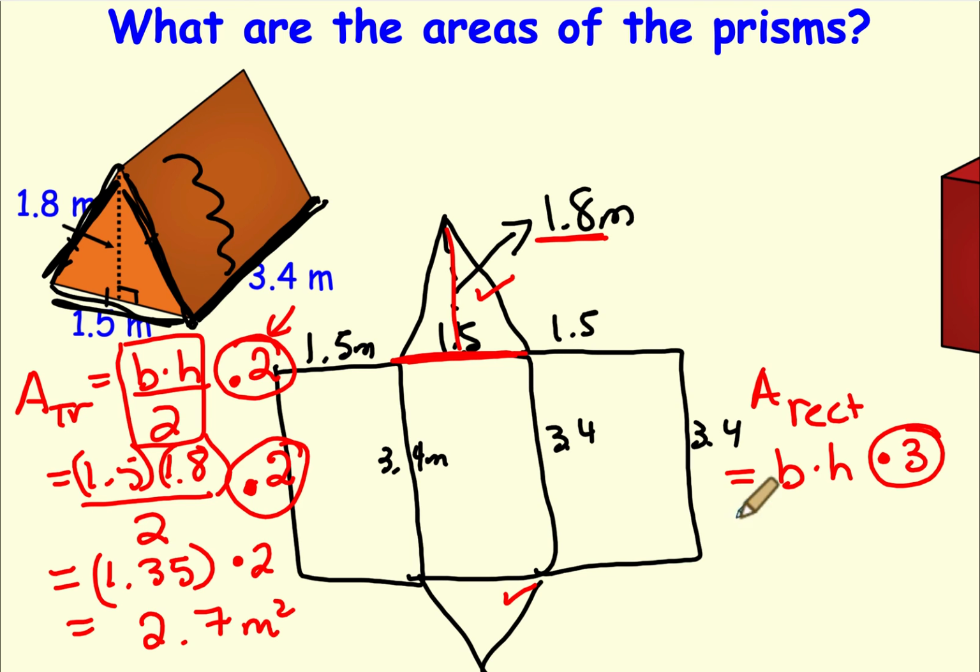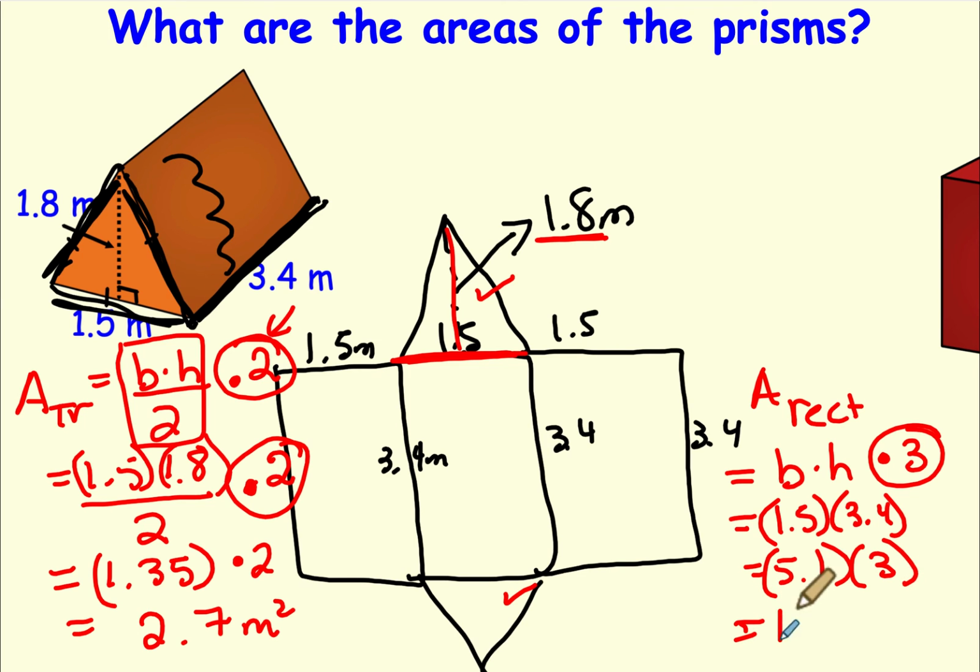So we put in our dimensions, which is 1.5 meters times 3 4/10 meters, and then we multiply it by 3. So 1.5 times 3 4/10 gives us the area of 1 is 5 1/10, times 3 is going to give us 15 3/10 meters squared.